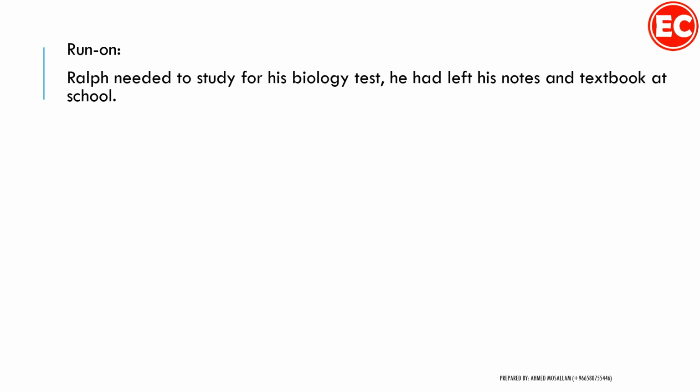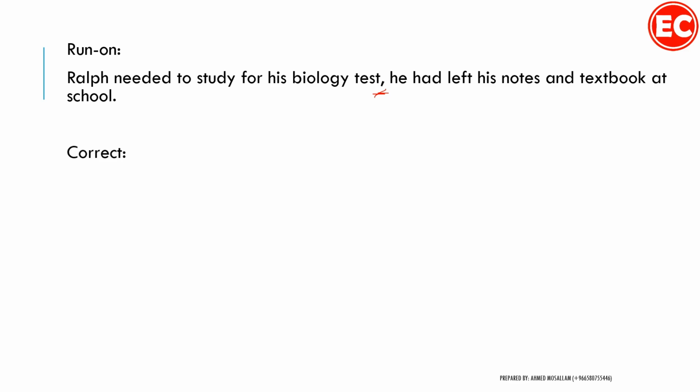Now look at this example. Ralph needed to study for his biography test, comma, he had left his notes and textbook at school. Two complete sentences joined by only a comma in the middle. Is that correct? No, because we need either a comma with fanboys or a semicolon with transitional words. So you don't have a comma with a transitional word.